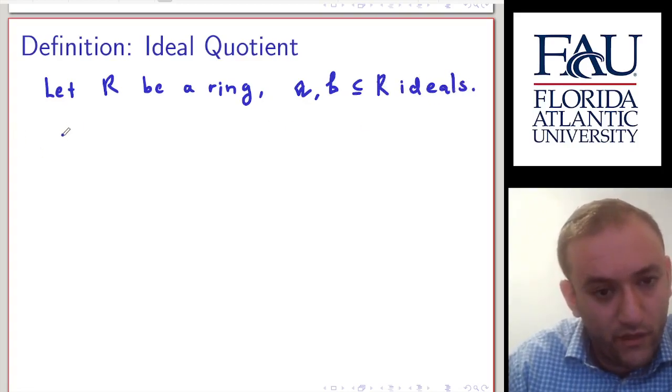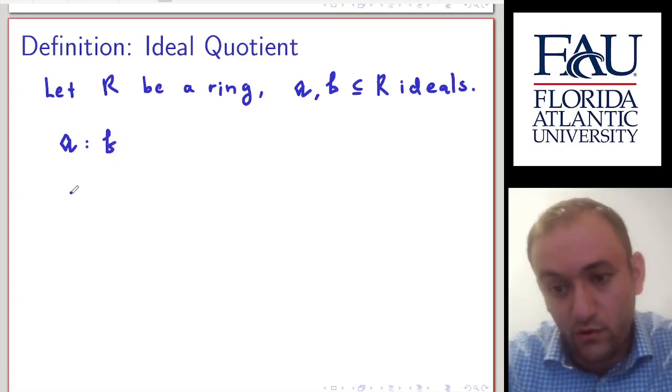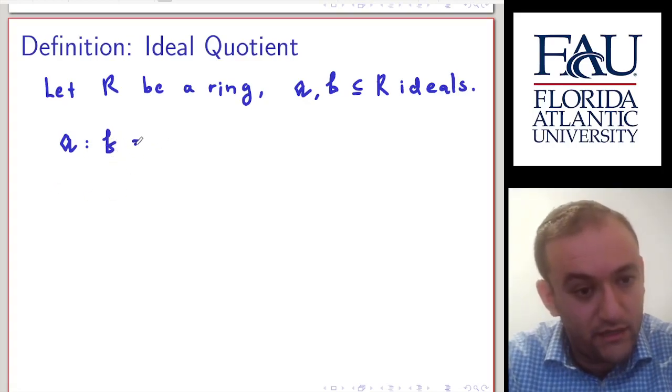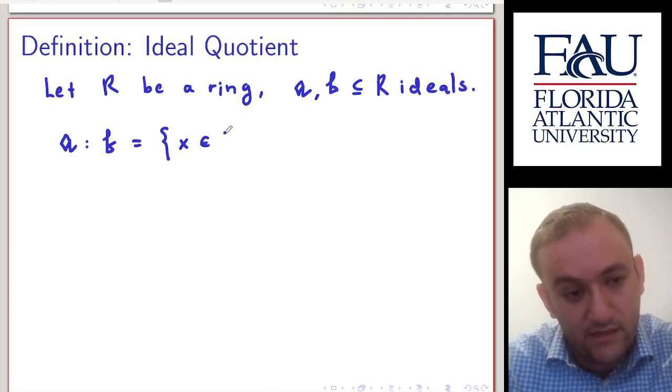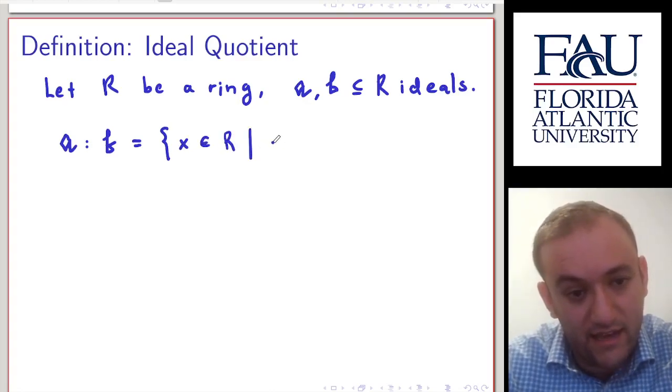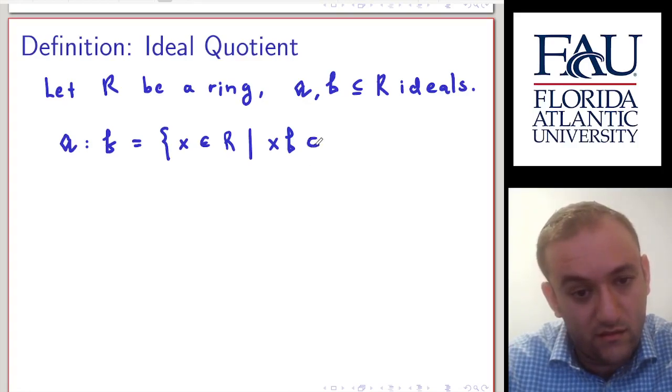Okay, we're going to define the ideal quotient, not to be confused with a quotient ring. The ideal quotient is the set of elements of your ring, x in R, such that x times B is contained in A.